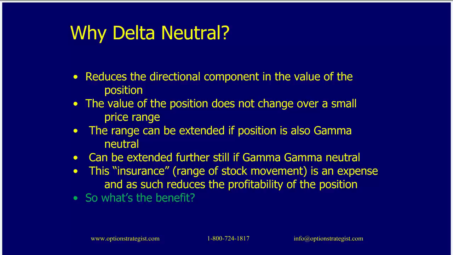And we could go even further than that and make a position gamma gamma neutral. Now, by the way, I don't like this term gamma gamma neutral. And it's funny, Larry McMillan and I talk about this from time to time. I heard it first from him. And I said, Larry, this would indicate to me that it's really a fourth derivative type thing, a second derivative from gamma. And he said, no, this is the definition of what a third derivative is. And I said, well, let's check.